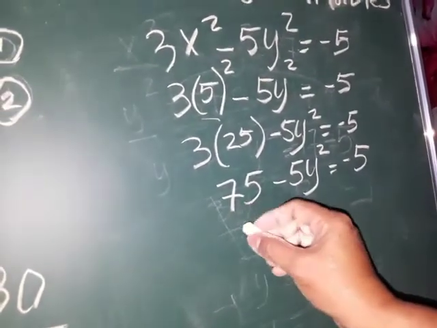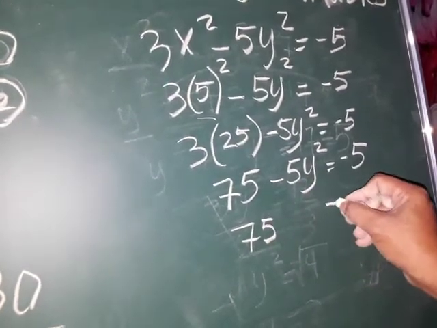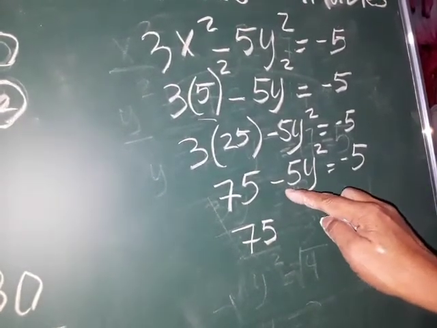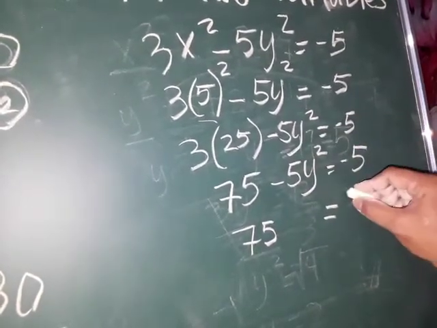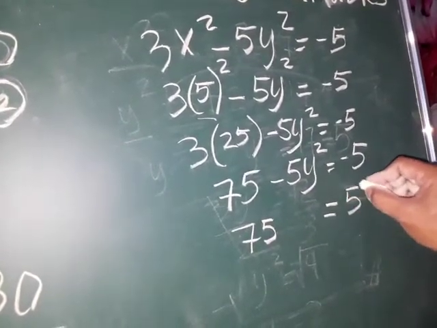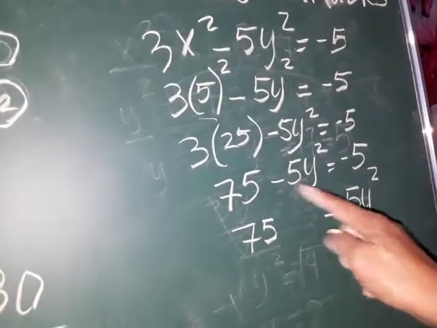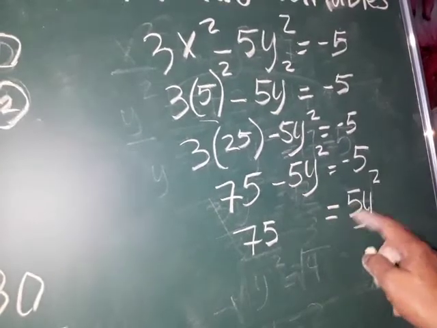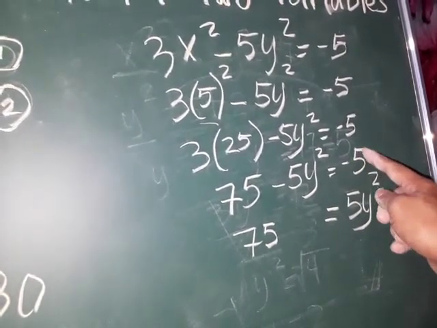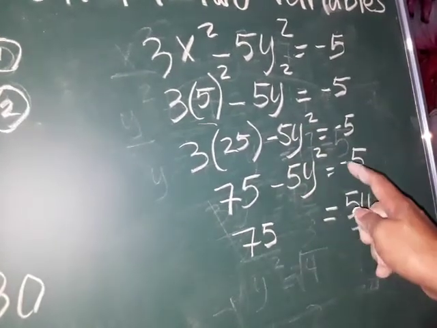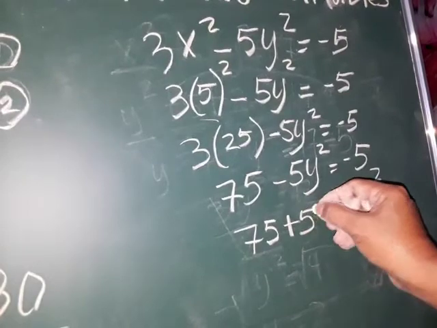Next, copy this one. 75 is equal to transpose negative 5y squared over the equal sign. So it becomes 5y squared. Change the sign to negative to positive. And then the same, negative 5 transpose over the equal sign. So from negative 5 to positive 5.